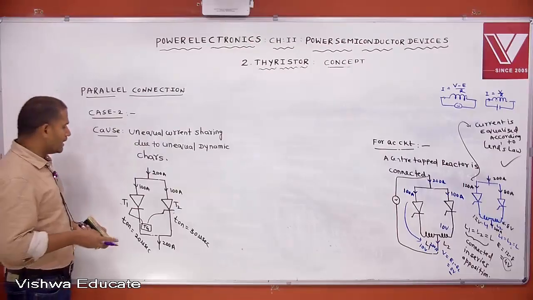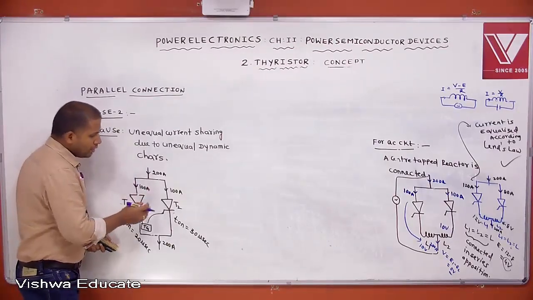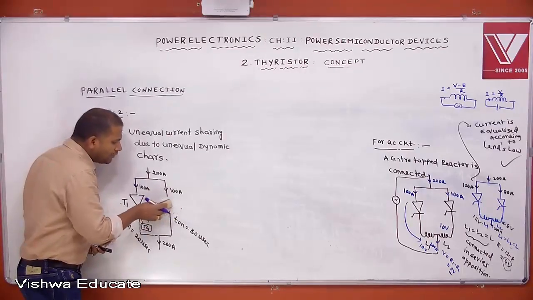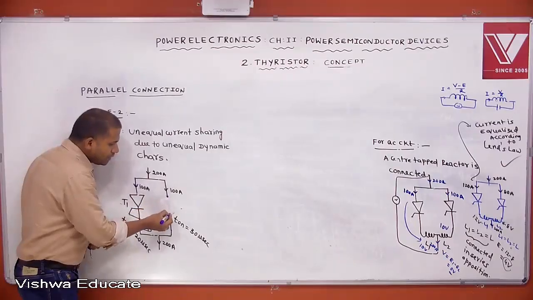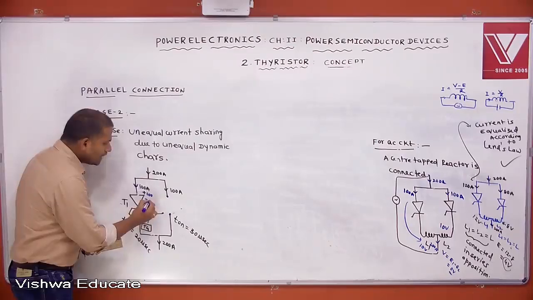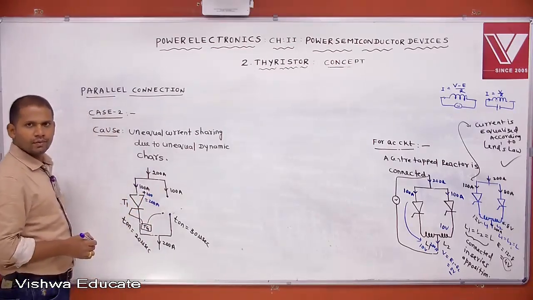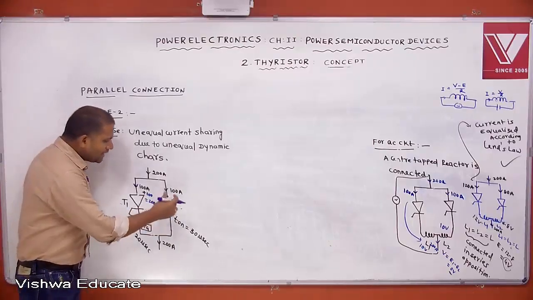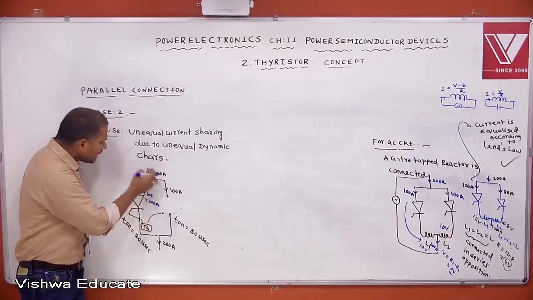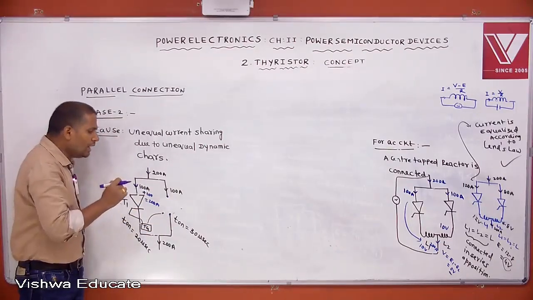Later, first T1 is on, but T2 will not be on. Before turn on of T2, the current through T1 is how much? Plus 100, the total of 200 amperes is flowing. This current is also flowing here, 200. But we have already given triggering to T2 also. But before turn on of T2, the current through T1 is 300 amperes, no doubt at all.